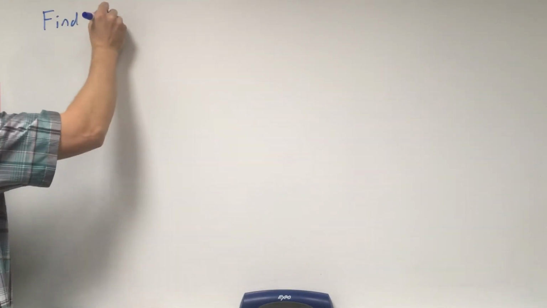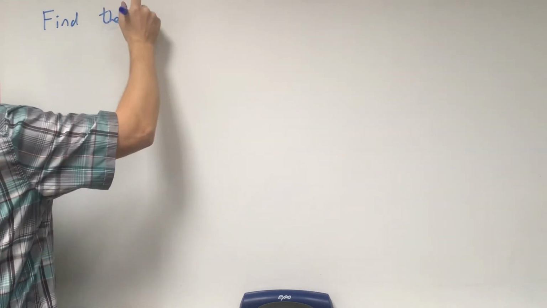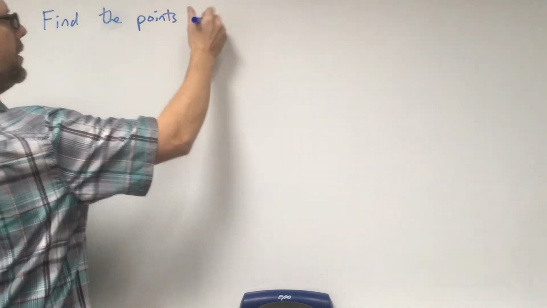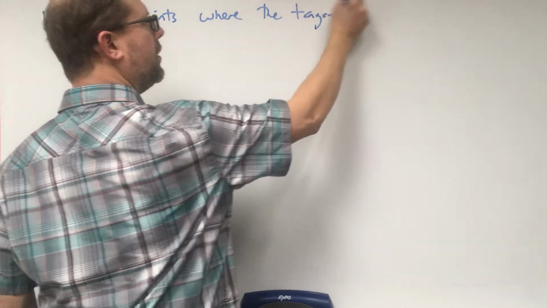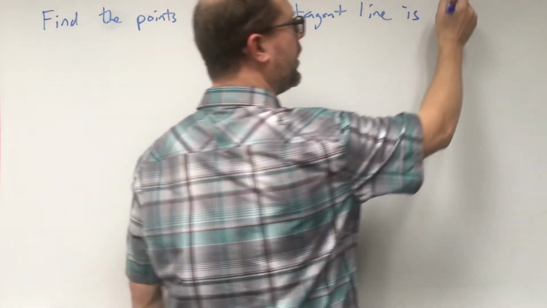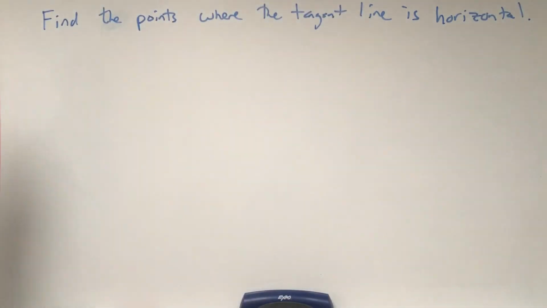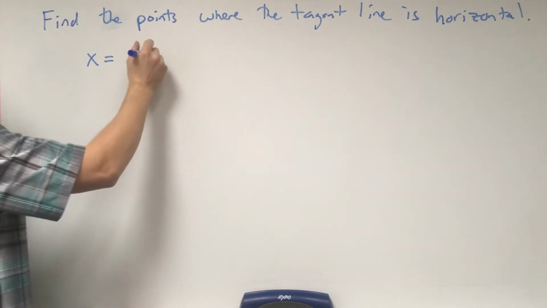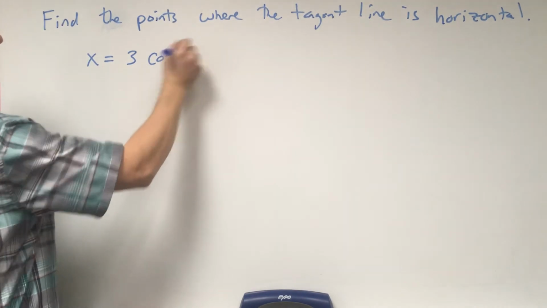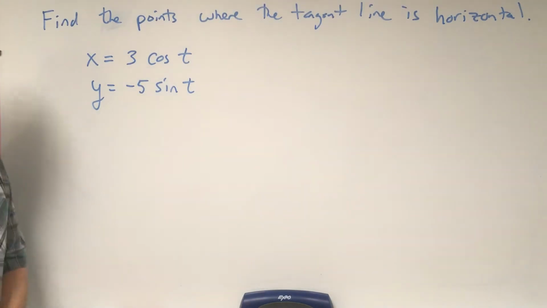Find the points where the tangent line is horizontal, given the following equations. x equals 3 cosine t, and y equals -5 sine t.